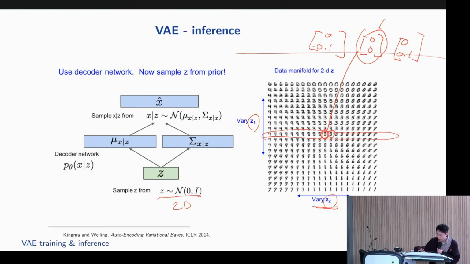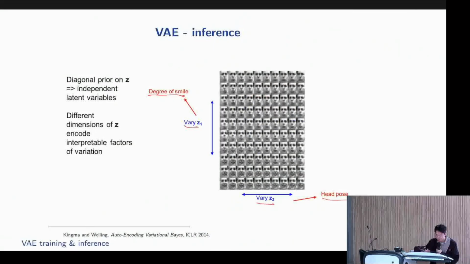Then along this axis, you increment the y-coordinate in increments of 0.1 or so, and pass it through the decoder one at a time. You can vary one axis and the other, and it looks like one of the axes corresponds to rotation, one to digits.